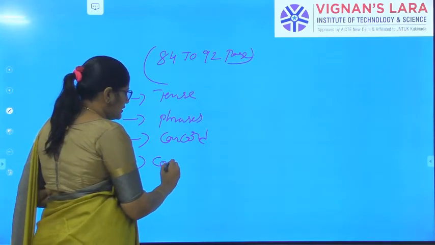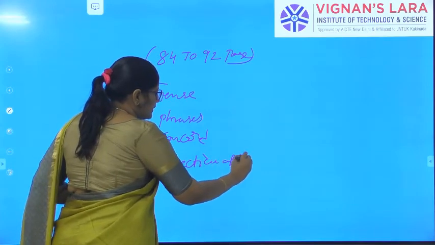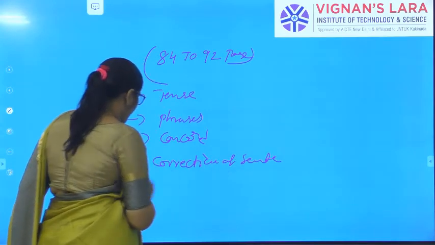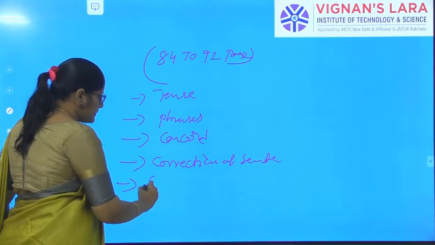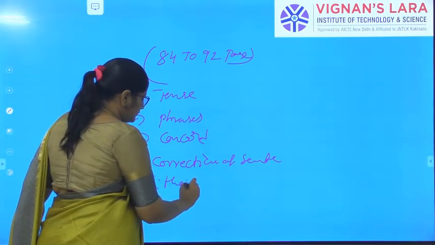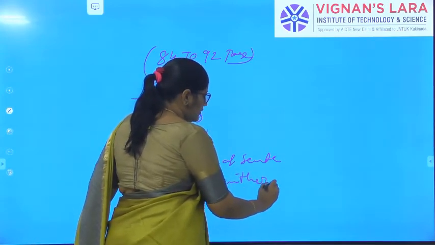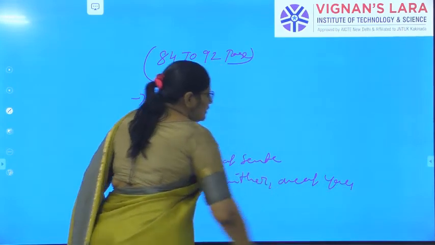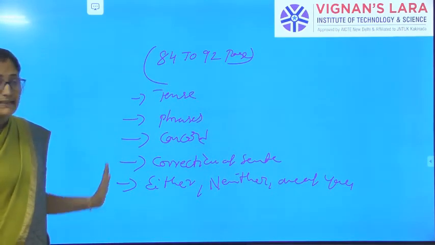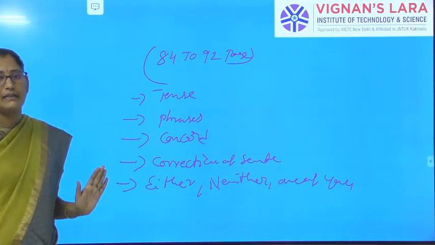Next is the correction of sentences, and they have given group pronouns: either, neither, one of you. These are the exercises on pages 84 to 92 of the textbook.